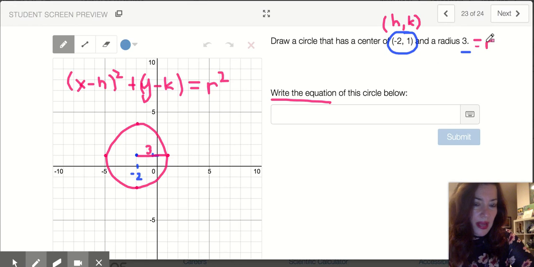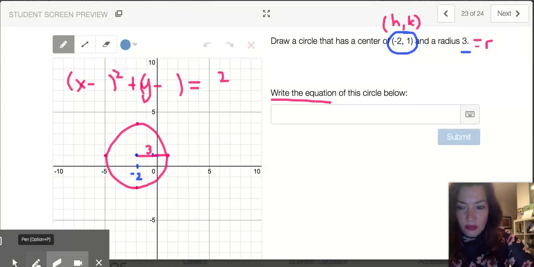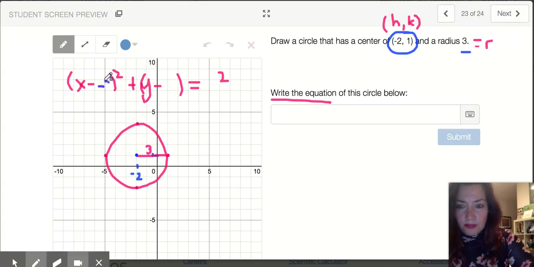So I'm going to substitute h with -2 and erase r because I'm going to substitute the values. So h is -2. I will put -2 here. And in a moment, we will see how that simplifies. I'm going to enter 1 here, and I did forget the square, so I'm going to square that. And then our radius is 3, so I'm going to write 3 squared.